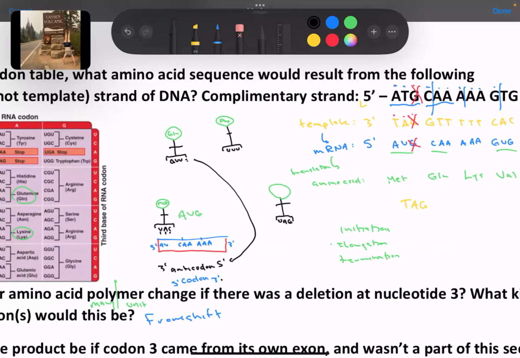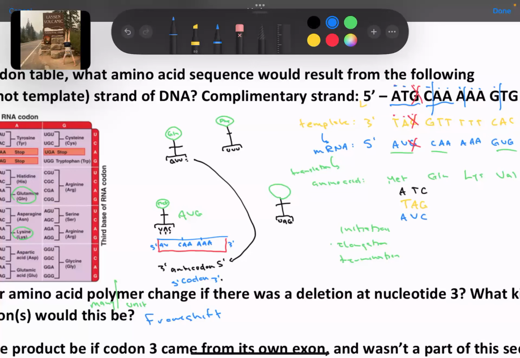Hold on one second. We no longer have a complementary ATG. We have an ATC, because this 3rd one here got deleted, and that became TAG in our template strand. And then our mRNA would therefore be AUC.